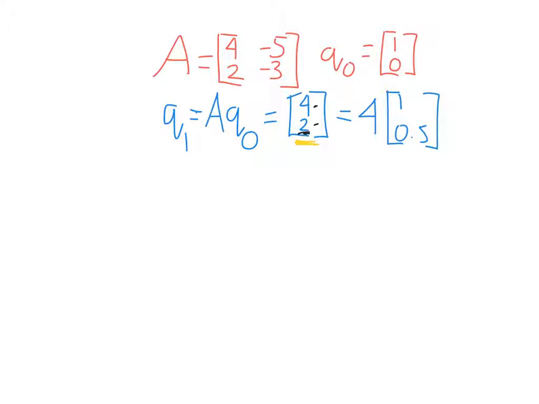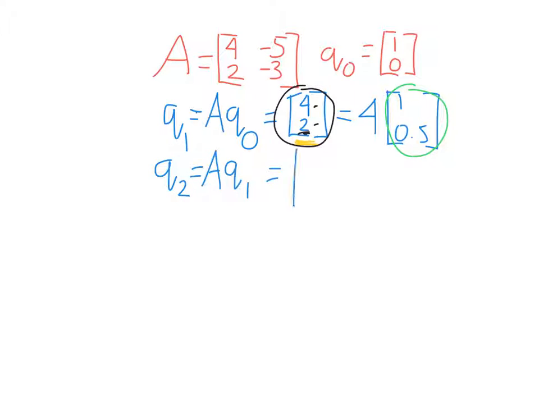So for our second iteration, I'm just going to apply the matrix A to the vector Q1. Instead of applying it to the original vector, I'm going to apply it to this scaled vector, which I can do. There's no problem with that. It'll just stop my new vector being really large.